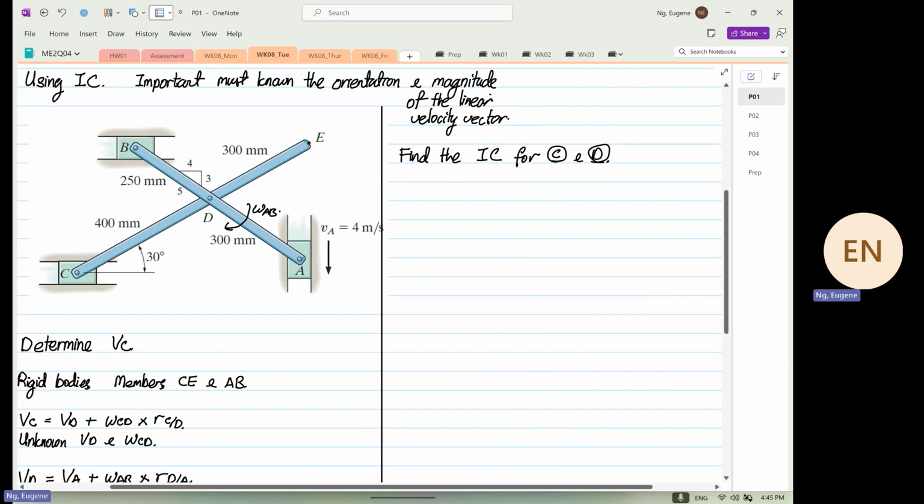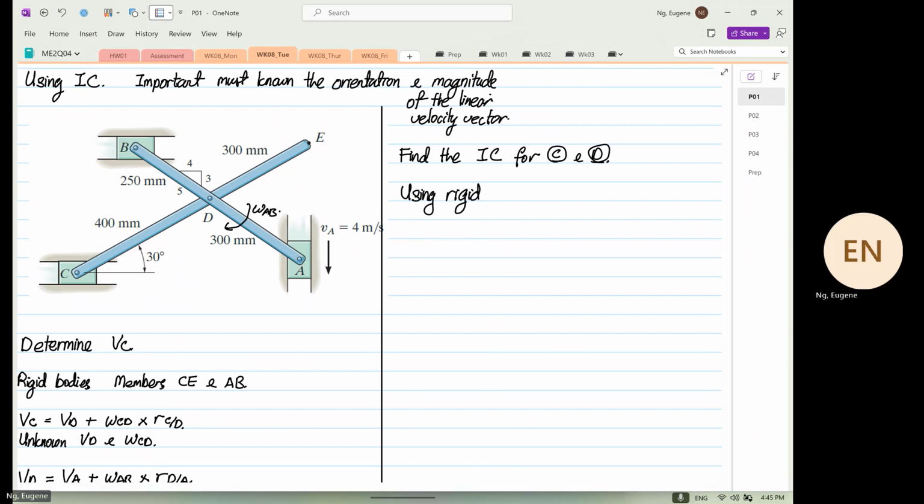So VD, using rigid body AB, we can form that VD is equal to VA plus omega AB cross R D from point A. Okay, so we formed this equation before.